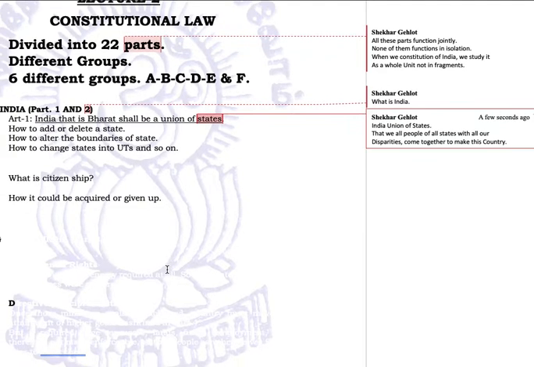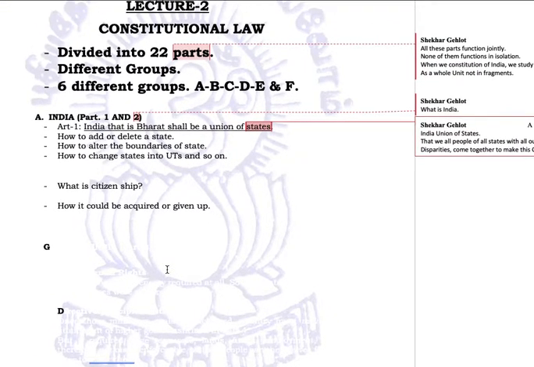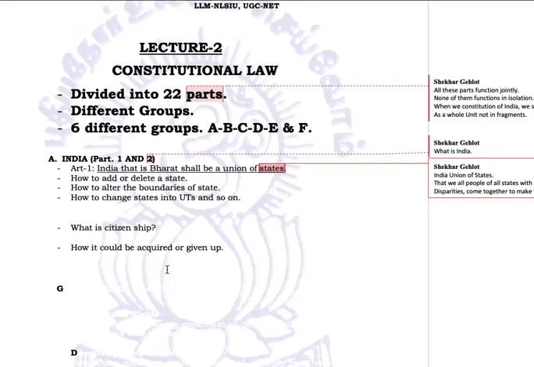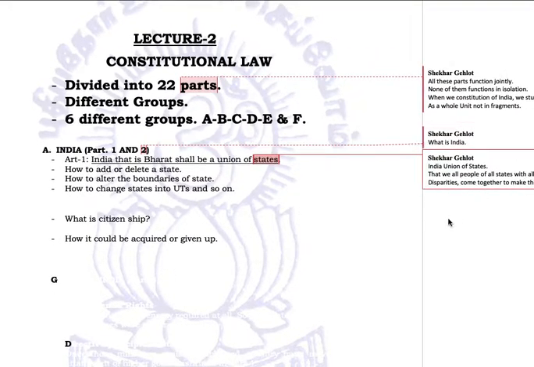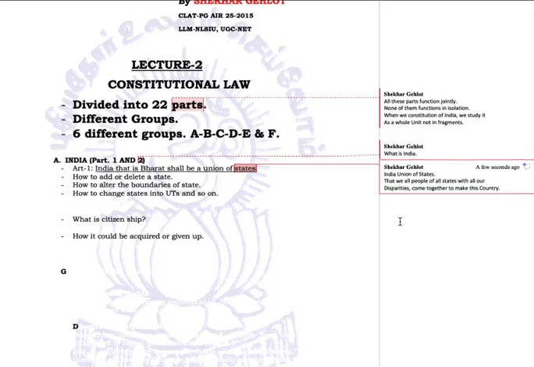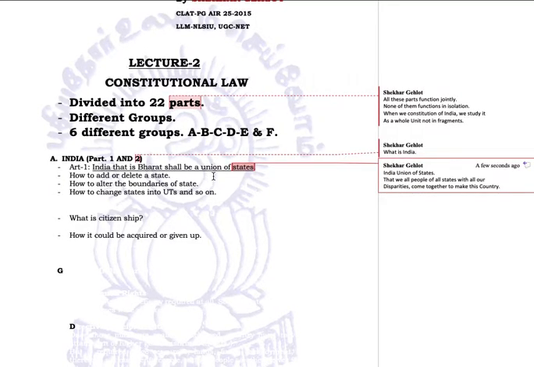The Constitution of India does not say that India, that is Bharat, shall be a country of this much territory or running from this length to this breadth, but it simply says union of states.